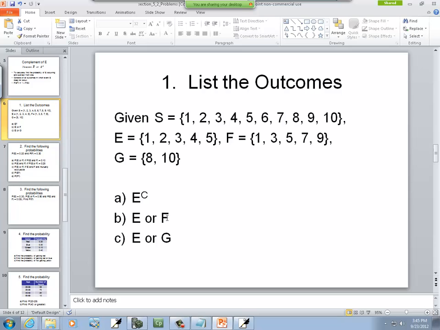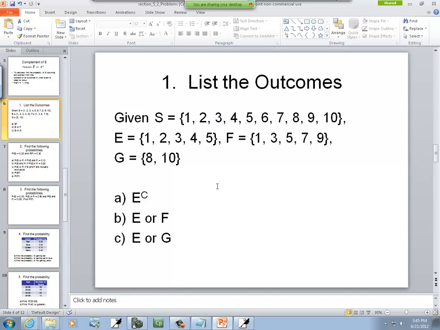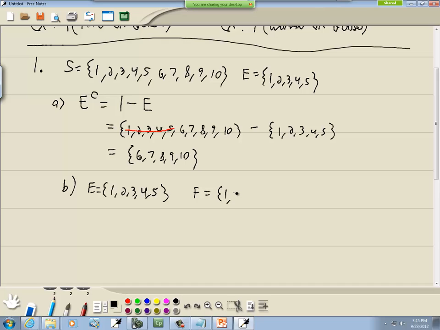Now B, it says E or F. Well, E is 1 through 5, and F is equal to 1, 3, 5, 7, and 9. So we got E or F. What we're going to do here is merge these into one set and not repeat any.